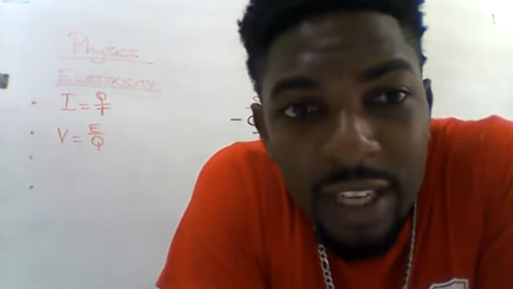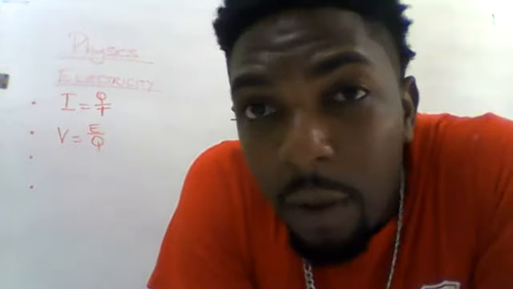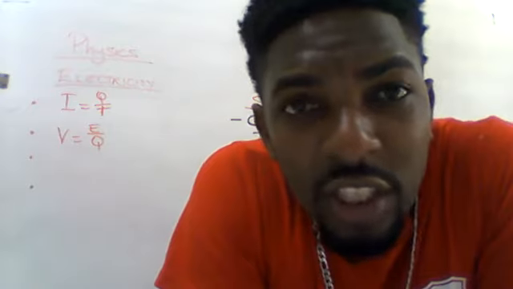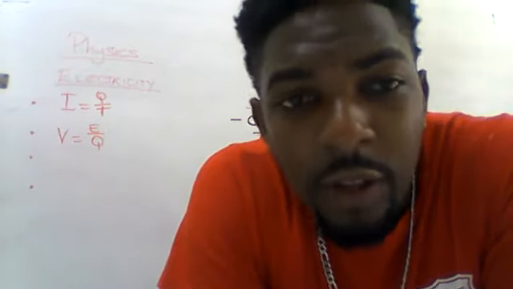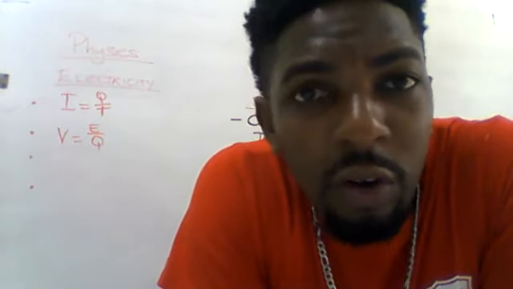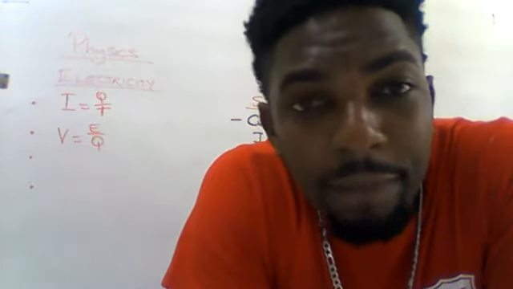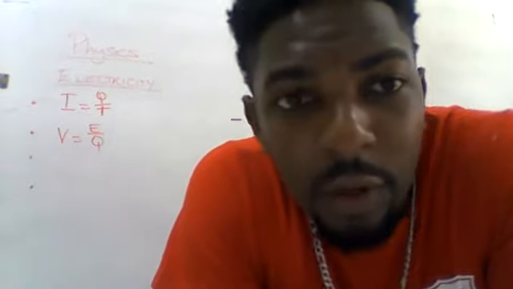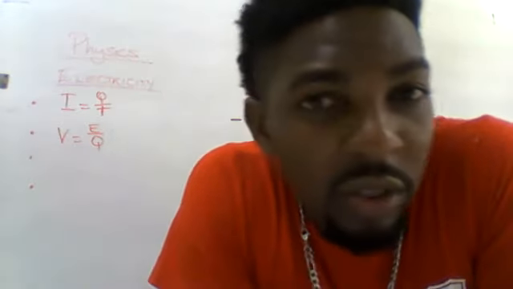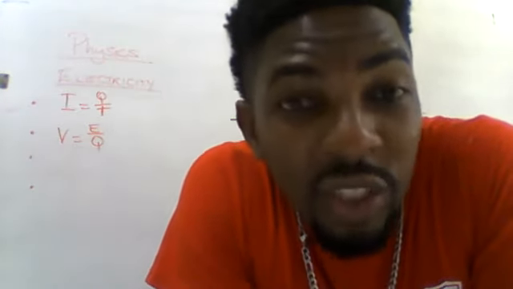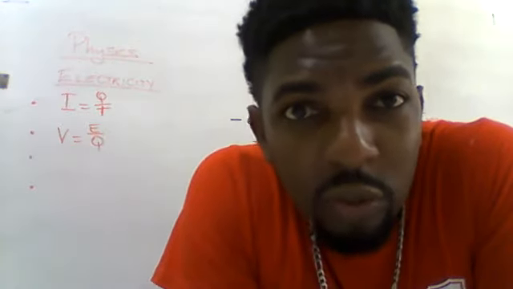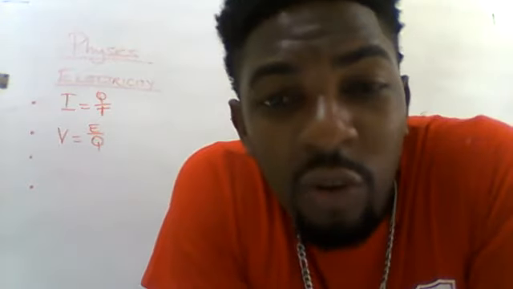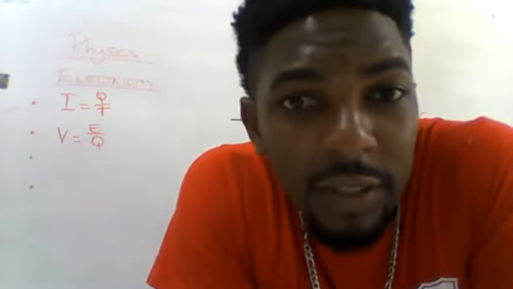So it gives us a formula that V is equal to E over Q, meaning the amount of energy needed to move each unit of charge across a given component, meaning across a battery, across a bulb, across an ammeter, any component, right? We also introduced the term known as EMF, which is the total voltage, which gives you the total amount of energy needed to move charge around a complete circuit.